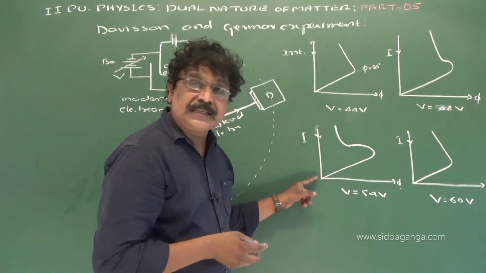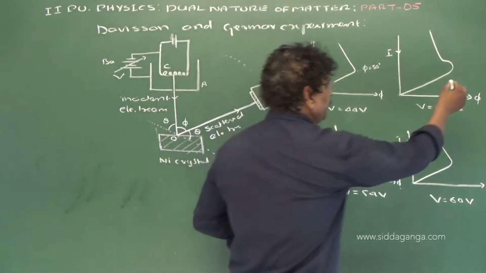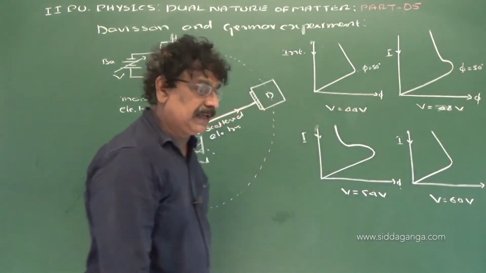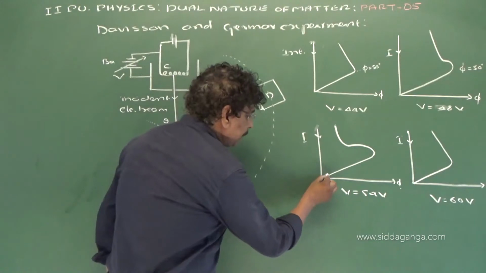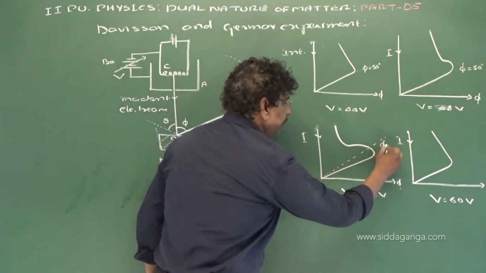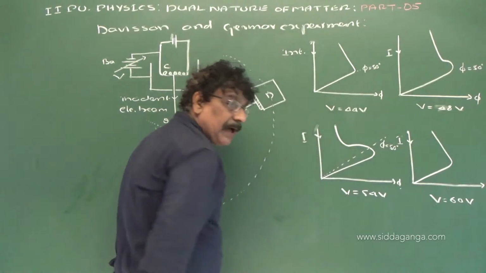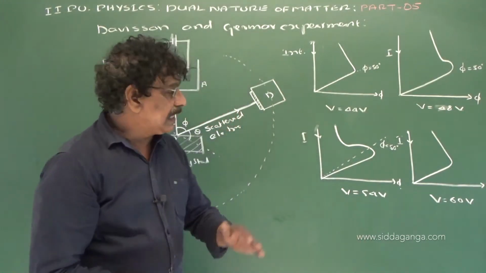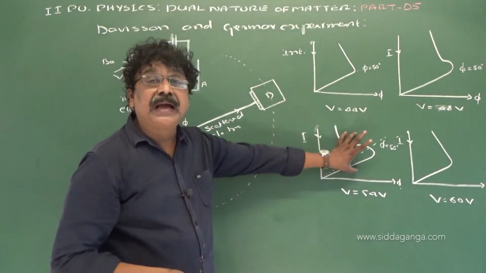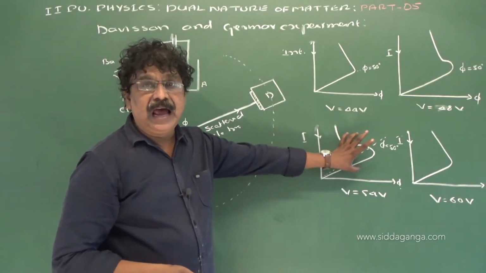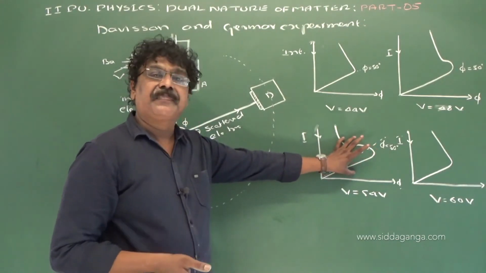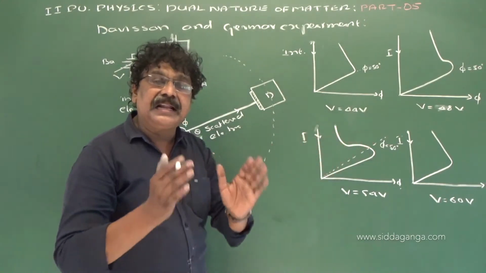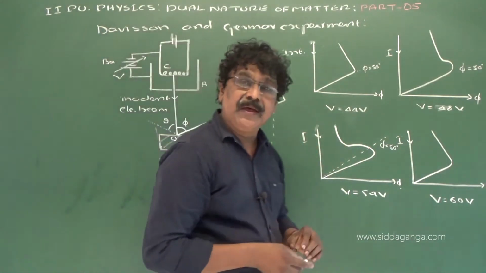Now, the size of the bump, again this is also at an angle of 50 degrees, increases, and at an accelerating voltage of 54 volt, the size of the bump becomes maximum. That means at this voltage, at the angle of scattering of 50 degrees, the intensity of electron is maximum.